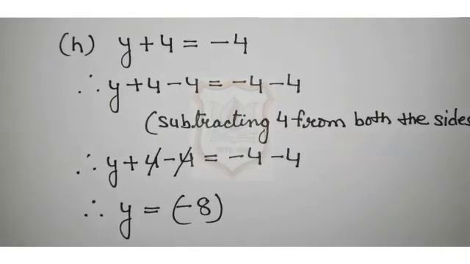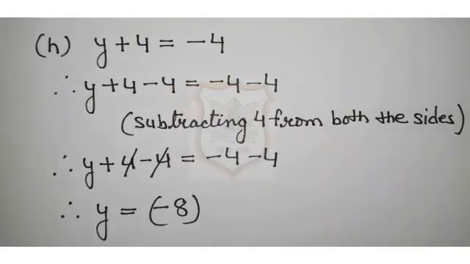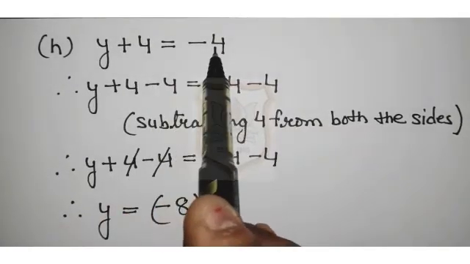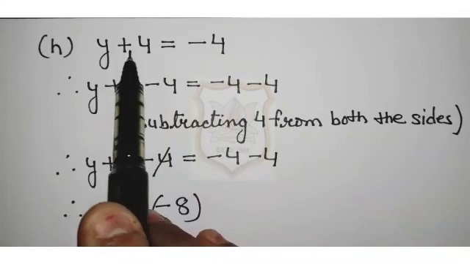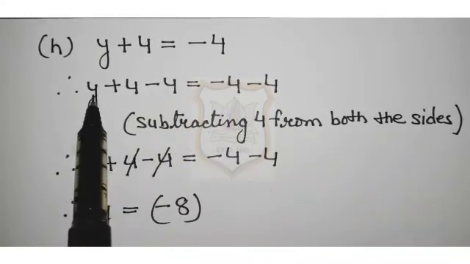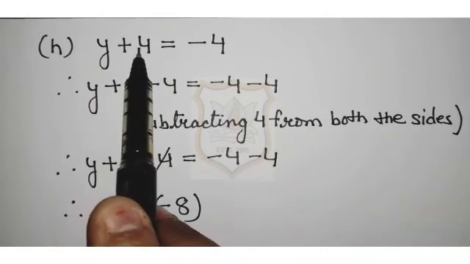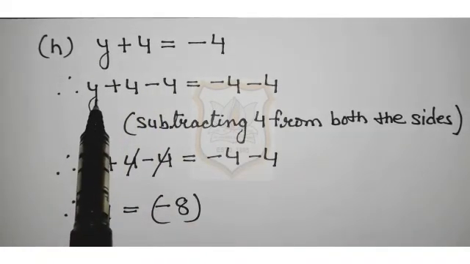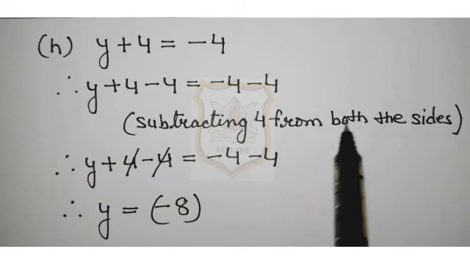Students, let's solve H part of question number 1. That is, y plus 4 is equal to minus 4. Now, y plus 4 is the left hand side and minus 4 is the right hand side. So, we have to separate this y from plus 4. To separate this, what we have to do is subtract 4 from both sides.